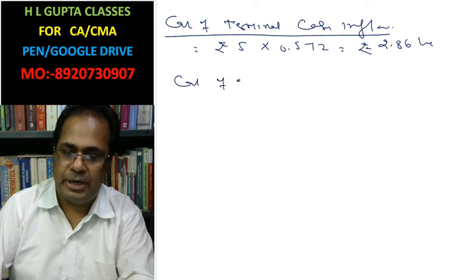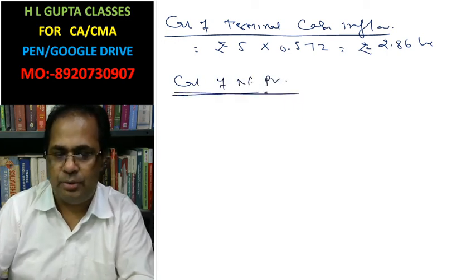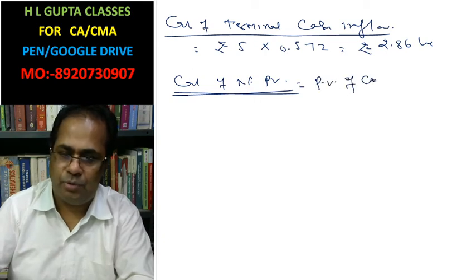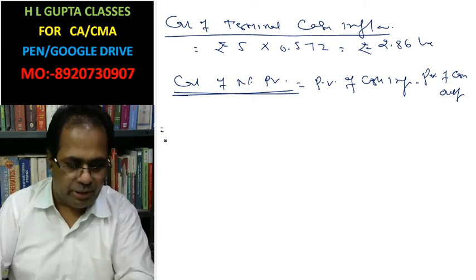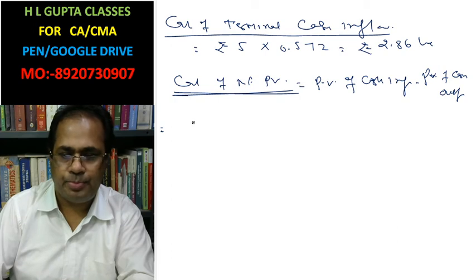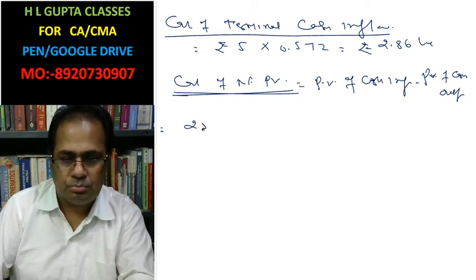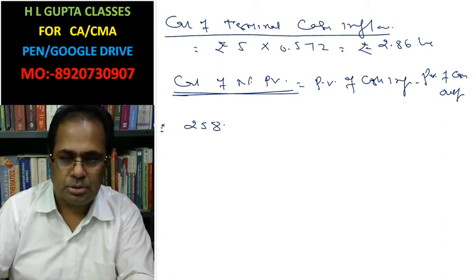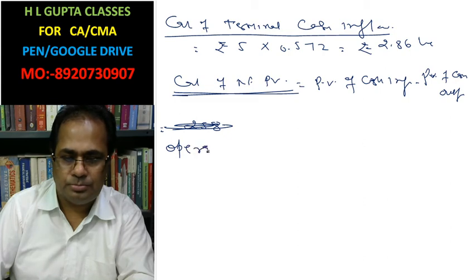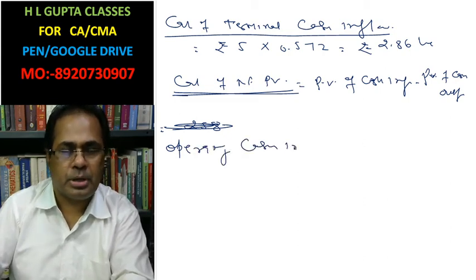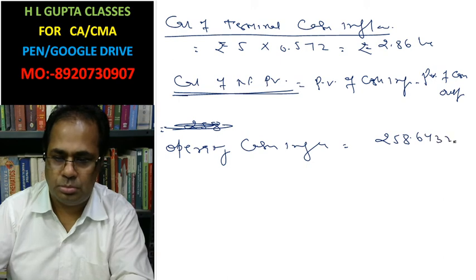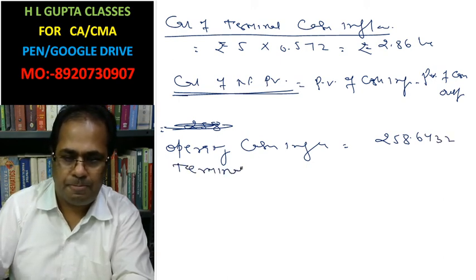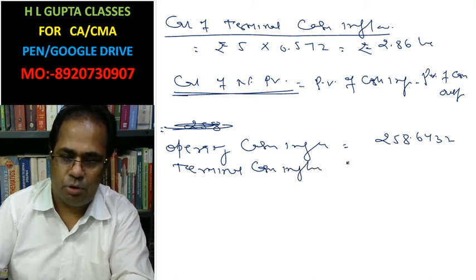Now calculation of net present value. Net present value is present value of cash inflow minus present value of cash outflow. Operating cash inflow is 258.6432.